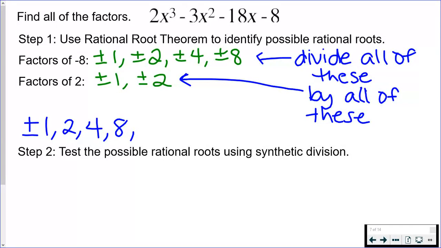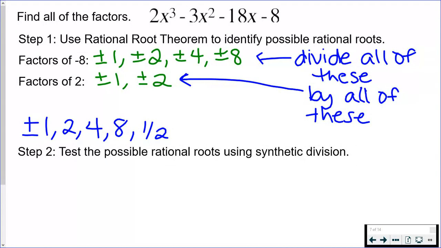Now we also need to go back and divide 1, 2, 4, and 8 by 2. 1 divided by 2 is a half. 2 divided by 2 is 1, which I already have listed. 4 divided by 2 is 2, I already have that listed. 8 divided by 2 is 4, I already have that listed. So we only had to add the 1/2 to our list.